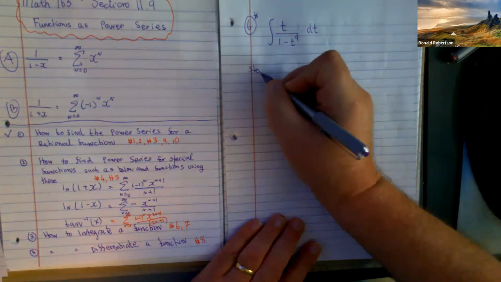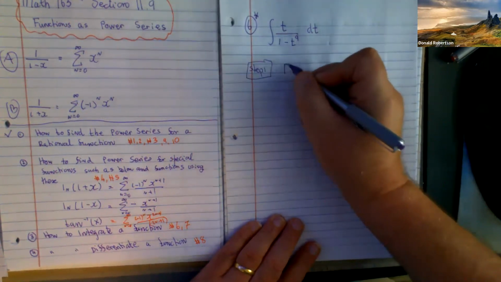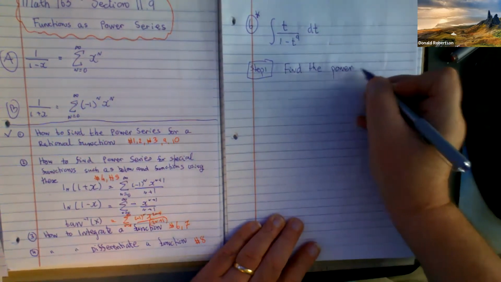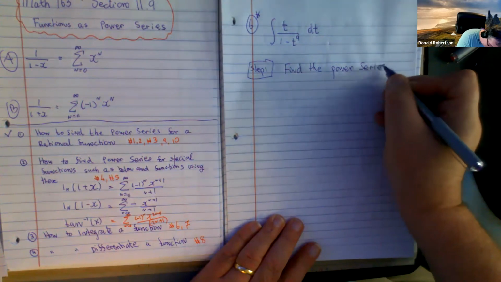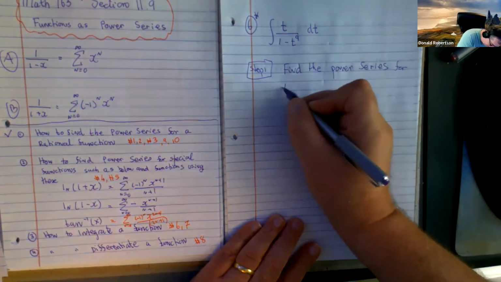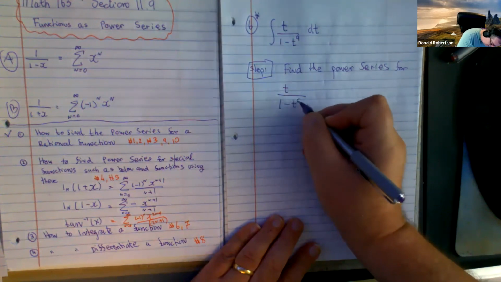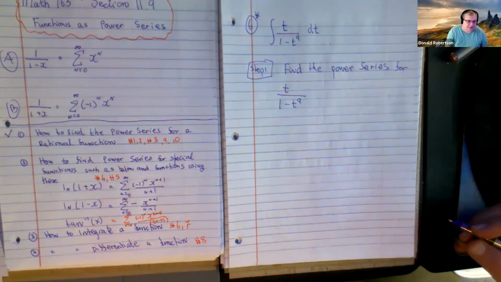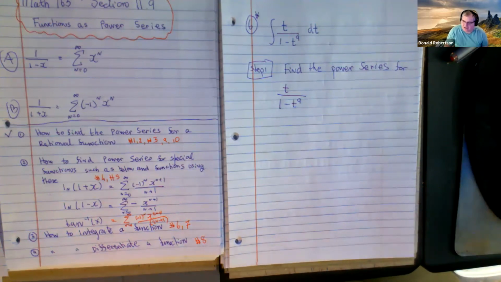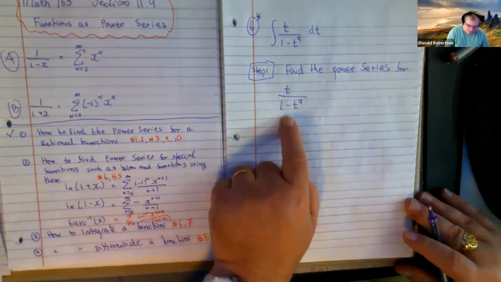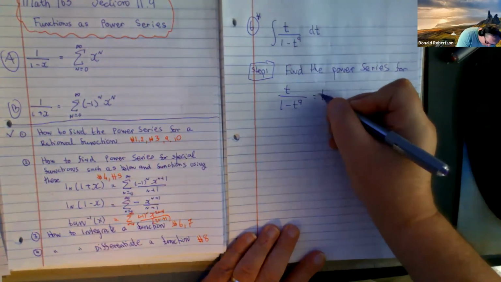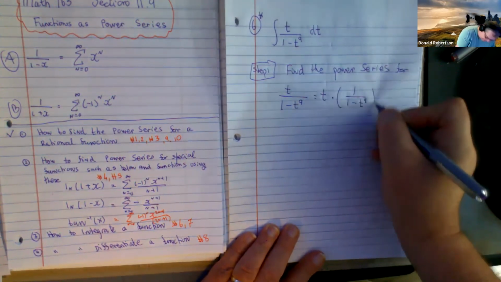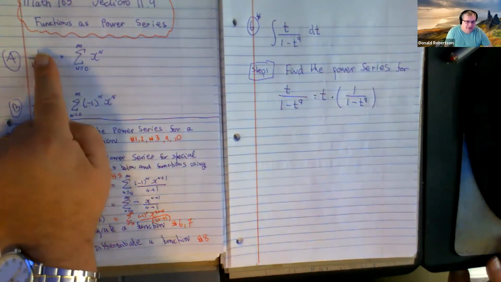So step 1, find the power series for this guy. Okay, it's T's, not X's, but that's not a big deal, right? Could be Y's or Z's if you like. Now, I'm looking at this guy and I'm already into, you need to write it like that. Agreed? Hasn't it got to look like A or B?